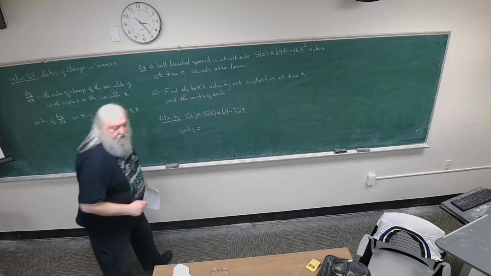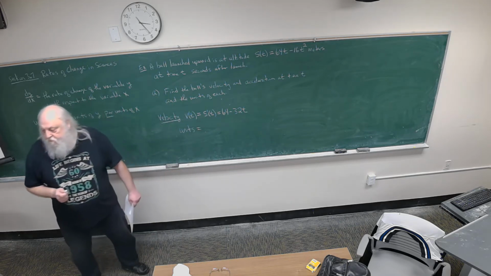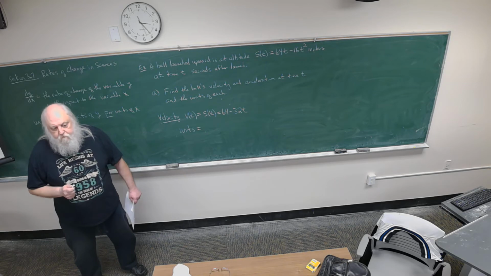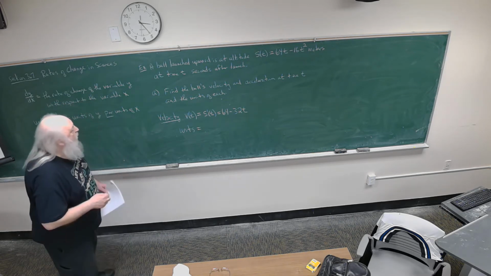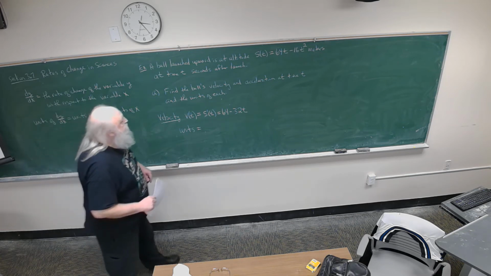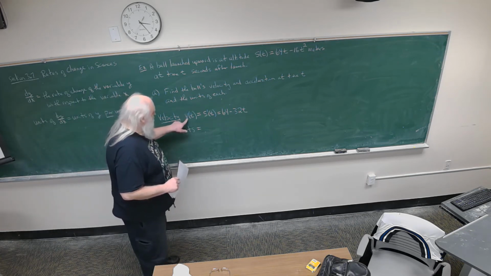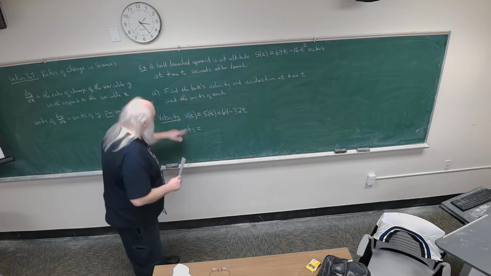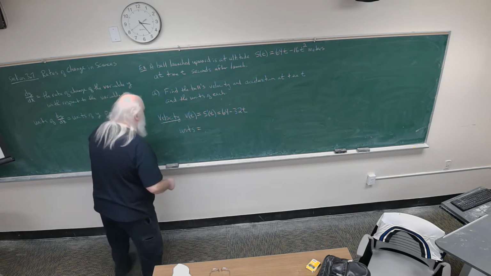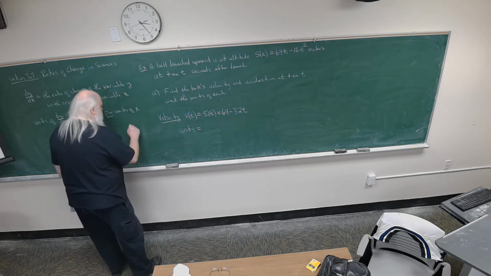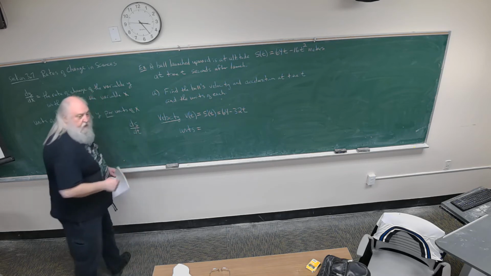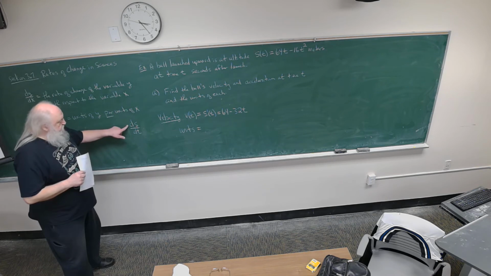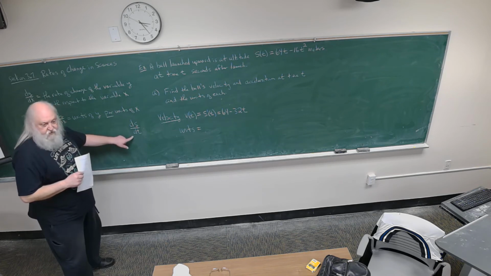What are the units of the velocity? Meters per second. You could think of v of t as the derivative of s with respect to time. Change in height over change in time.